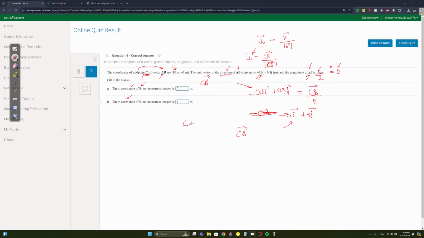Now we have point C, which is 10 comma 3. How do we find B?